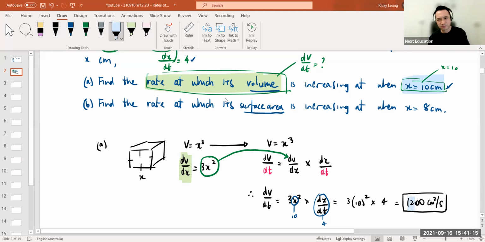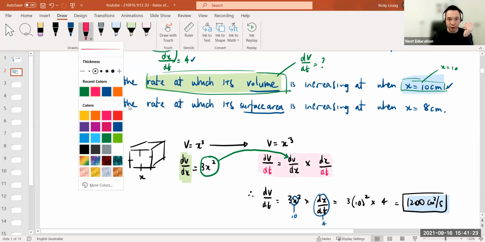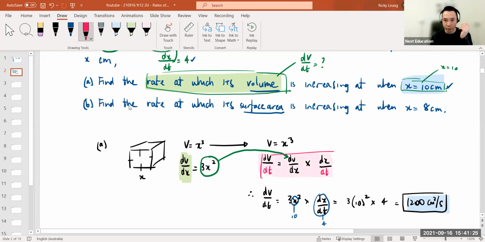Does that make sense? Now, to do it quickly, this step here is basically to show you the chain rule. What I say to my students is that you can do all this in one step. You go V equals x cubed.